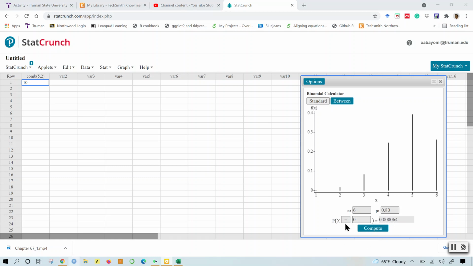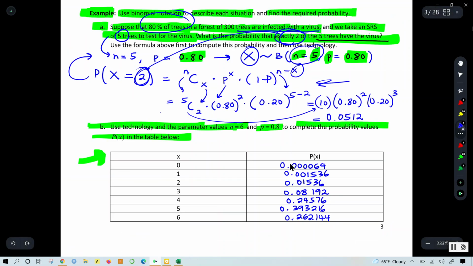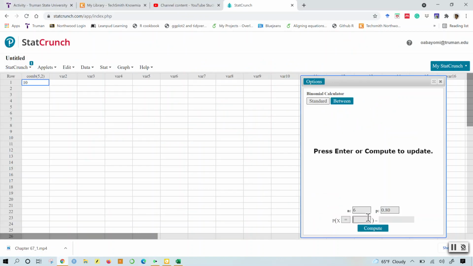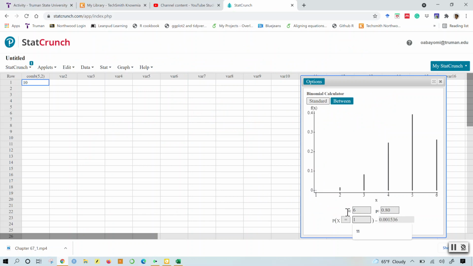So the answer for x equals 0, which is this, I have taken to my working board. All I need to do is adjust the StatCrunch calculator so that my x is now equal to 1. I can change this to 1, hit enter, and I have the amount of probability at 1 here, which is 0.001536.